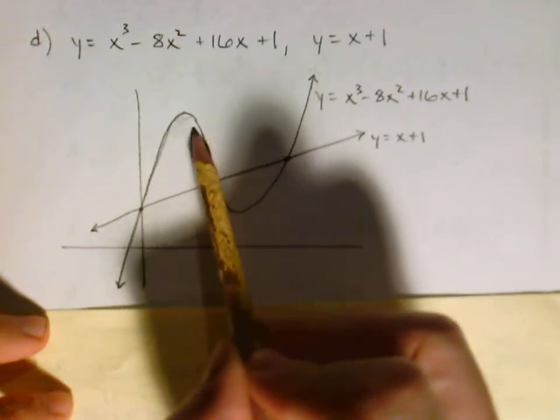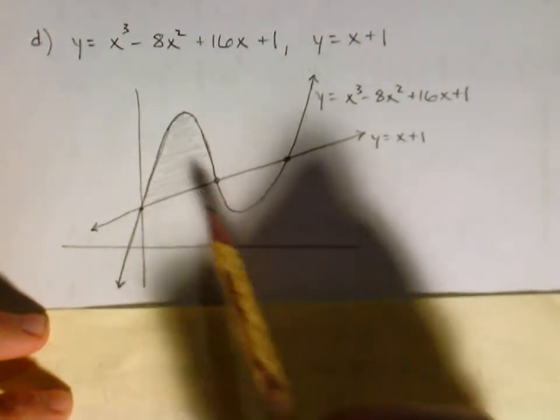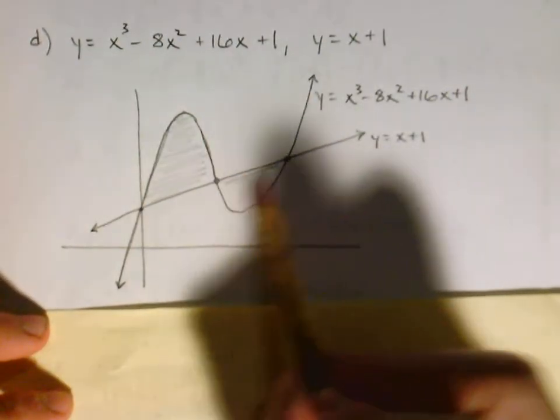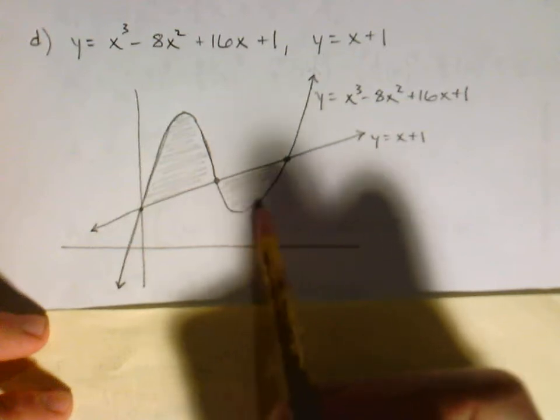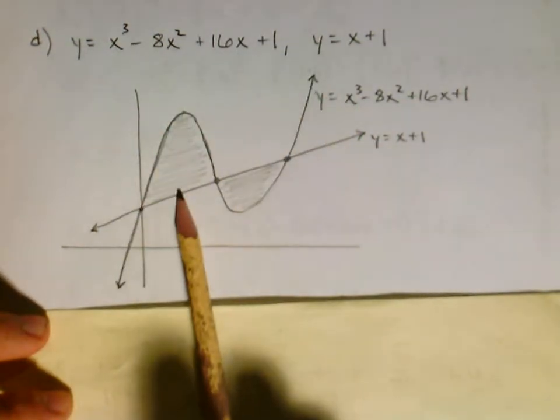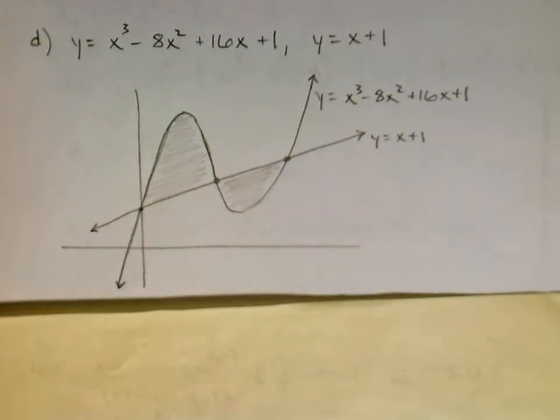There's this, but then because it crosses, this part is still bound between them. Both of these areas have the 2 functions as their boundaries, right? There it's bound between, and then there it's bound between. Turns out we need to find both of these areas and then add them together. We're going to find them separately and then combine them.